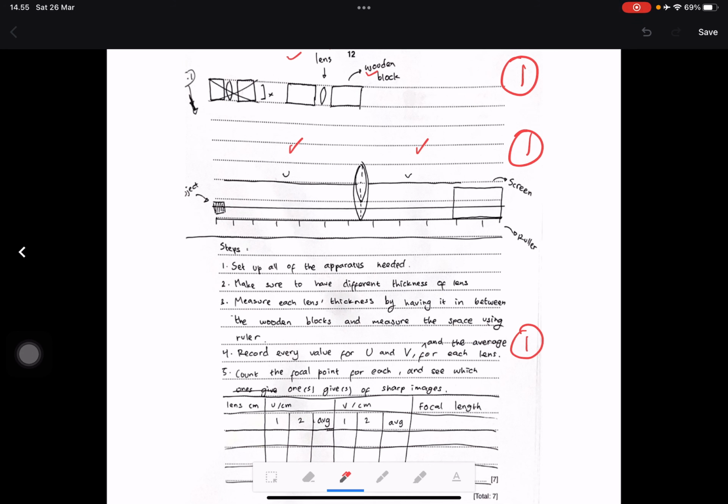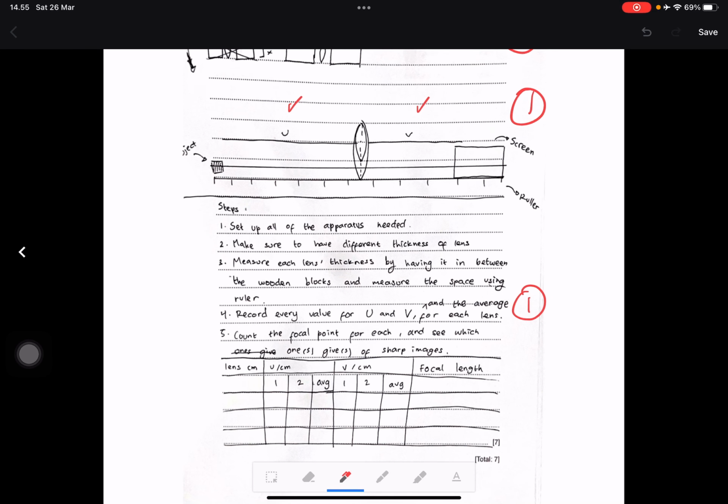Count the focal point for each lens. Okay, they have 10 bar. Repeat with different lenses. Okay, they have 1 mark for repeating. This block is a lens, measure the distance. Okay, they have this distance, 1 mark.